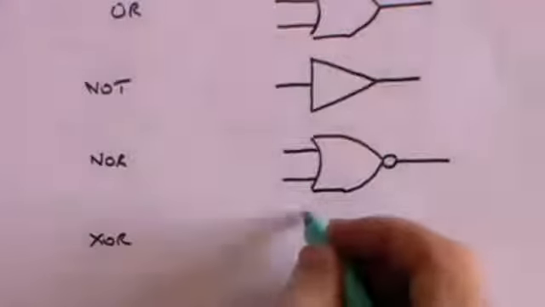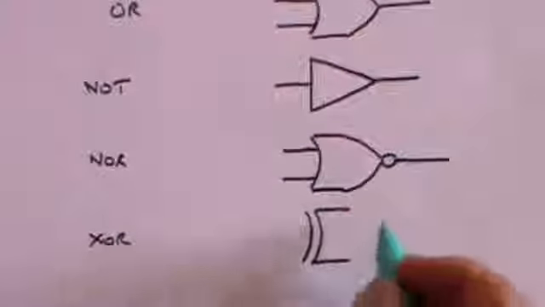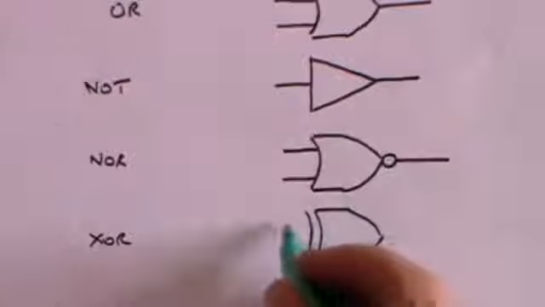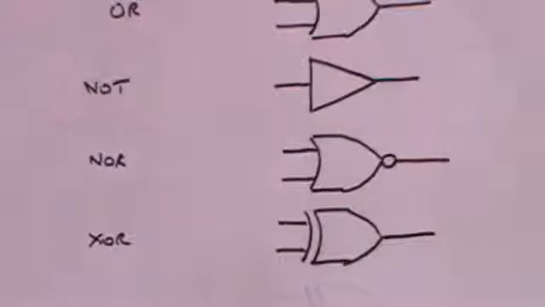The next logic gate is called the XOR gate, and that has a symbol that looks like this, rather similar to the OR gate, except it's got this extra line here. It also has two inputs, one output. And what an XOR does is it gives you a positive output if one of these inputs is positive, but not both.